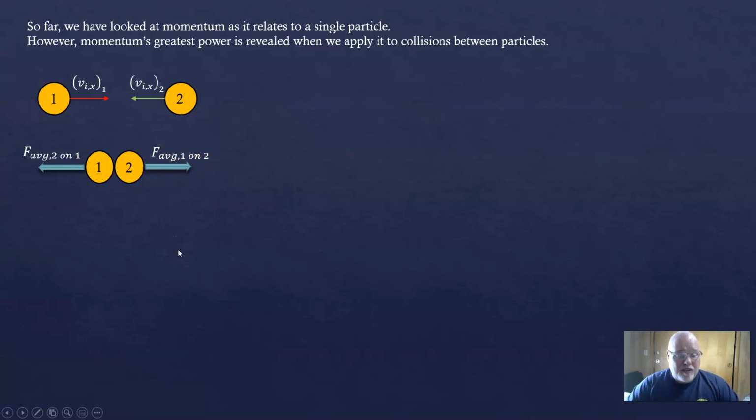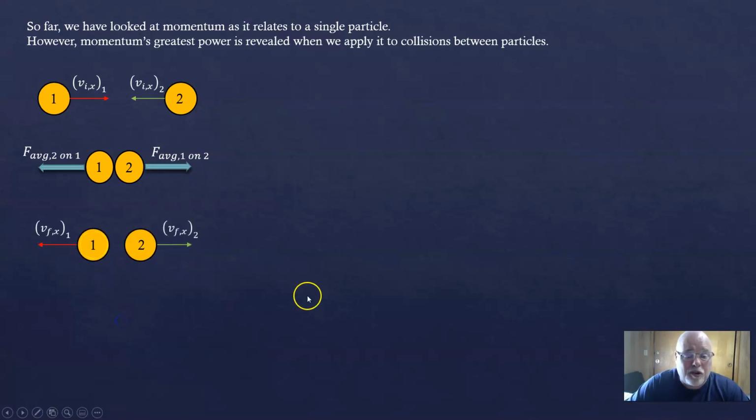And of course, after they hit and they collide, they're going to separate. And then what we expect to happen is that we got our two objects, but maybe now object 1 is moving off to the left and object 2 is moving off to the right. And they don't necessarily have to have the same velocities that they had when they hit. Maybe object 2 is moving a little faster in this direction than it was in this direction at the start.